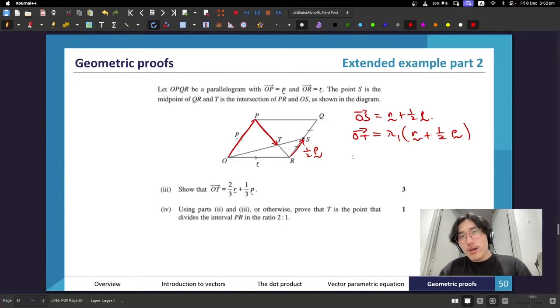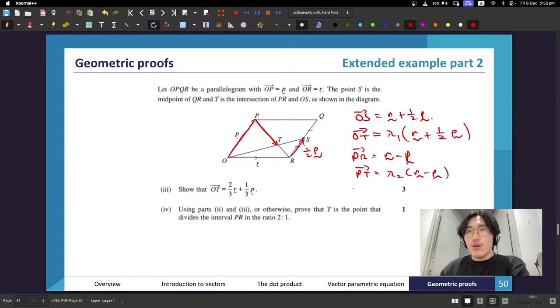So PR is going to be R minus P, and PT will be some lambda times R minus P. And then OT will then be lambda 2 R plus P into 1 minus lambda 2.